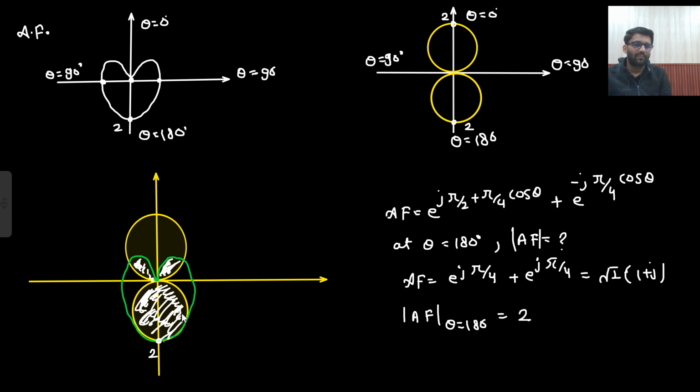So how will the final radiation pattern look? From here if I draw the final radiation pattern, it would look something like this.